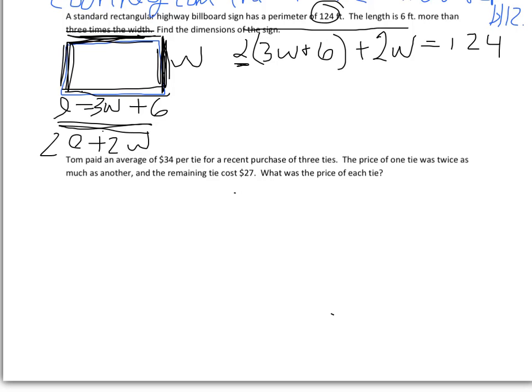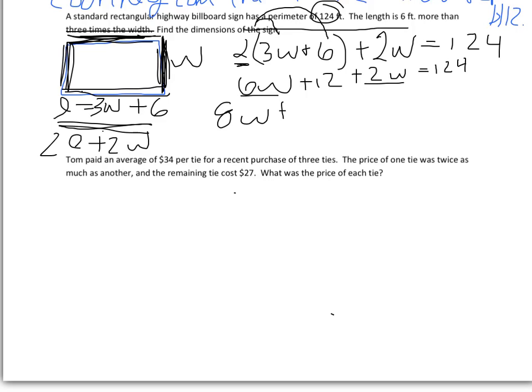Now it's time to solve this problem. First thing we want to do is get rid of the parentheses, so we're going to distribute. 2 times 3w is 6w. Distribute the 2 to our 6, so plus 12, plus our 2w equals 124. Combine like terms: 6w plus 2w is 8w, plus 12 equals 124.